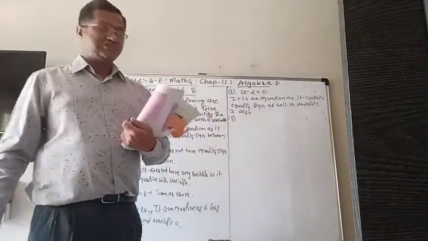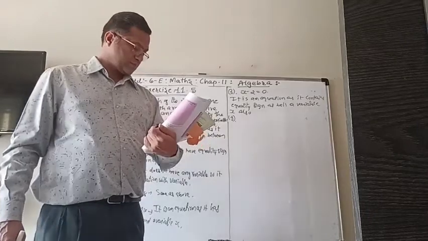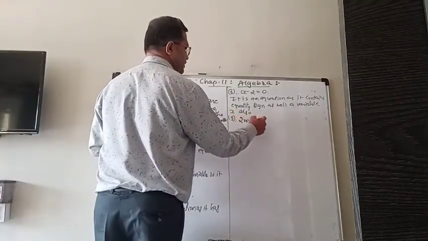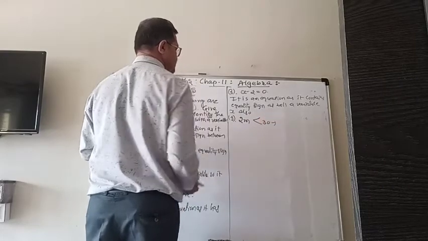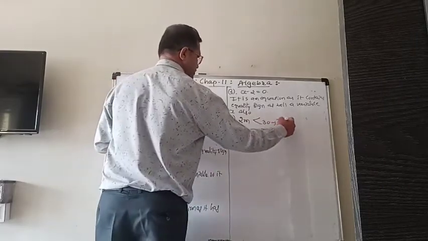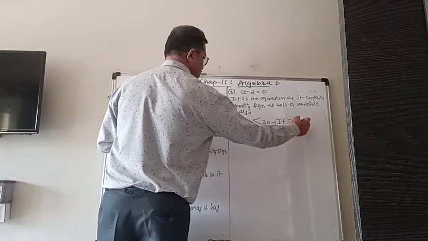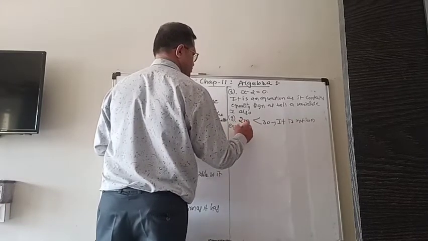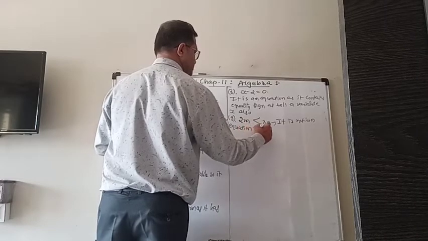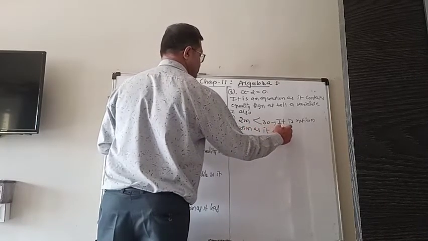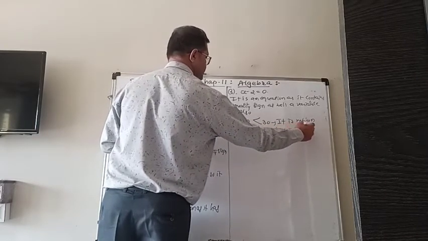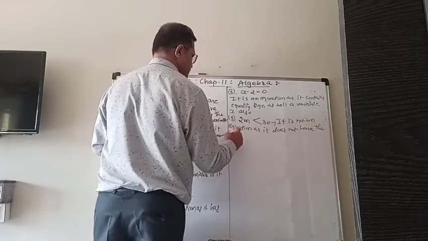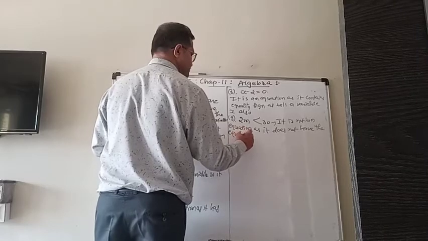Now in equation G, twice m less than 30. It is not an equation as it does not have the equality sign.